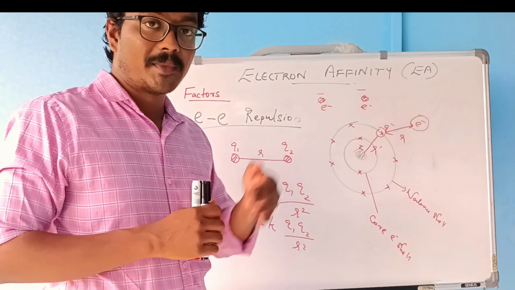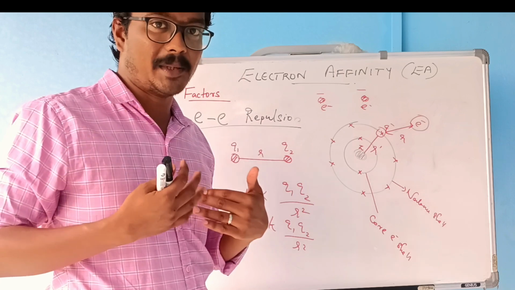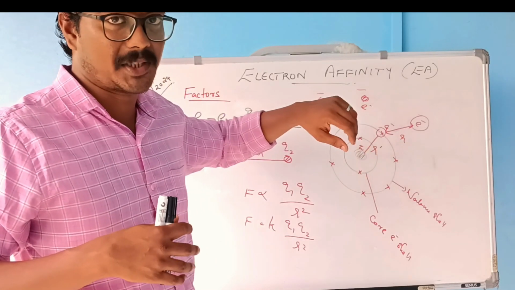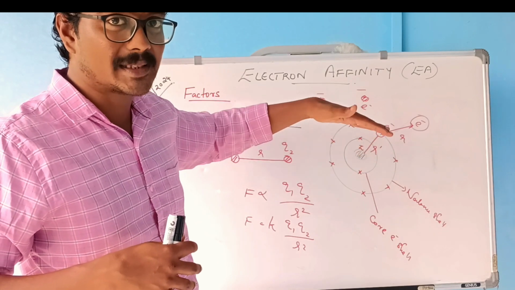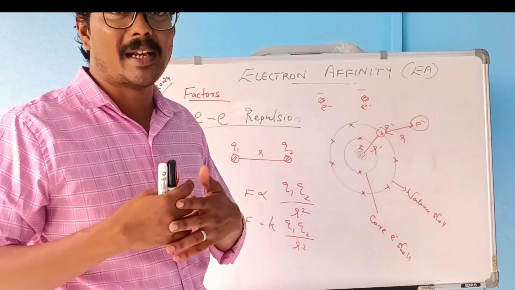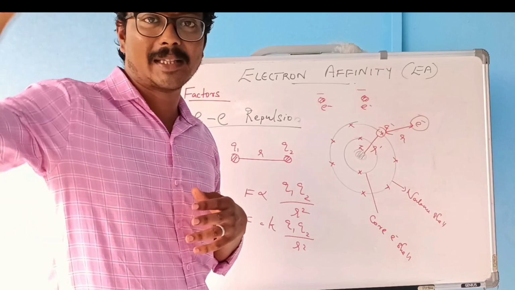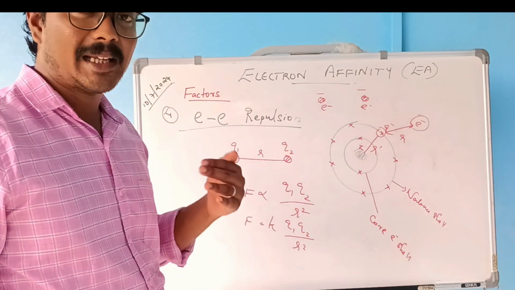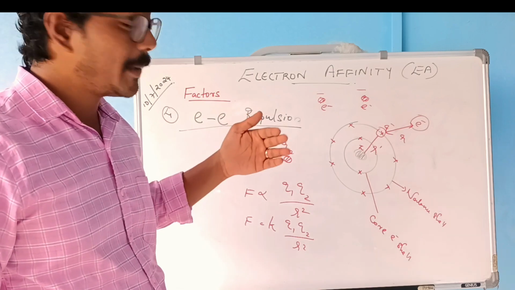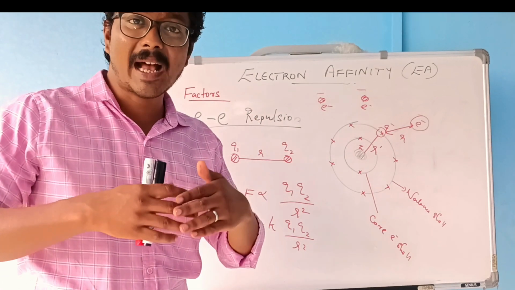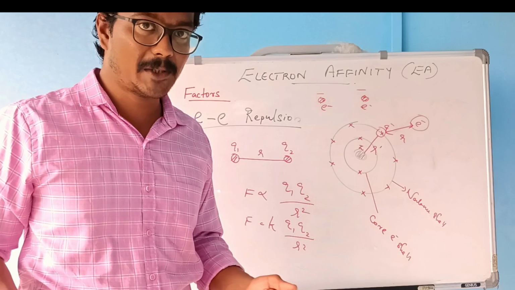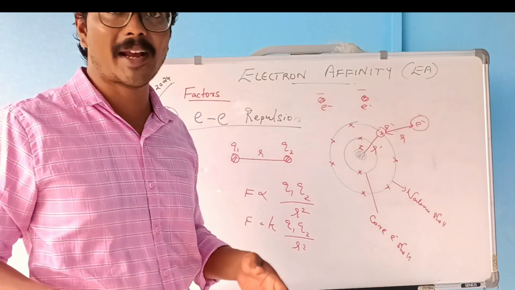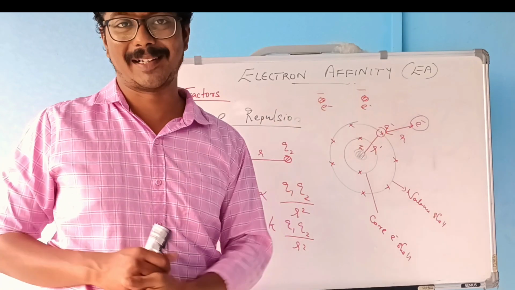As a result, the incoming electron experiences such a repulsion. It will not have a tendency to occupy a position in the valence shell. In order to avoid such repulsion, the incoming electron will occupy a position as far away as possible. As a result, the effective nuclear charge on the incoming electron also decreases, and finally electron affinity also decreases.